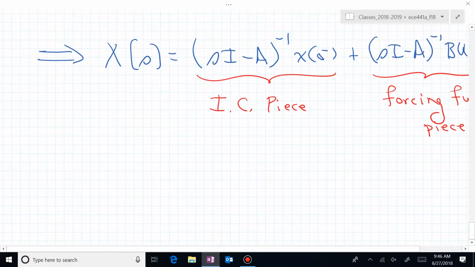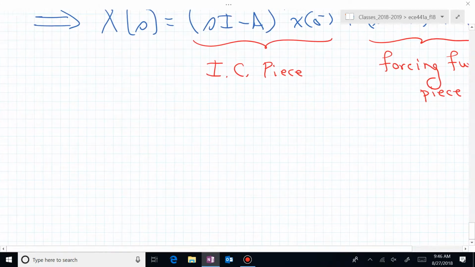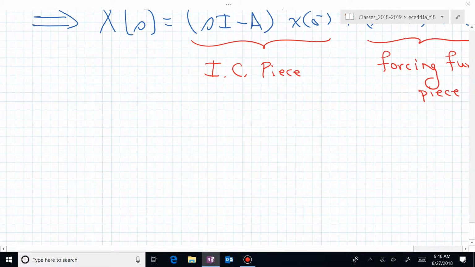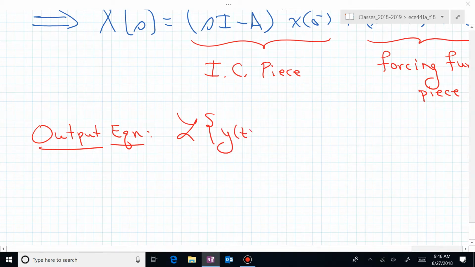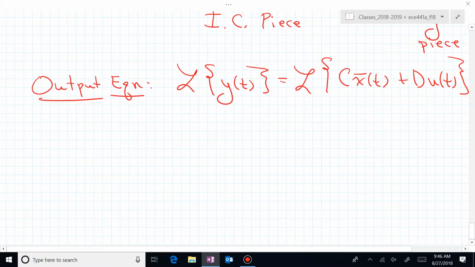What happens now? Well, we want to try to find the transfer function between u and the output y, where the y is really the position, but we're now playing with matrices. So now let's look at the output equation, and Laplace transform that. We're now Laplace transforming y of t, and this one's easy.